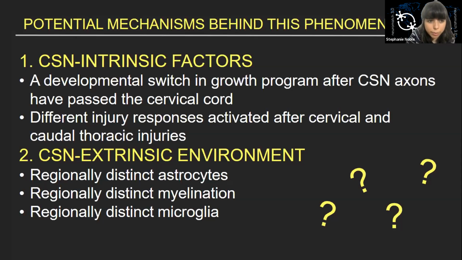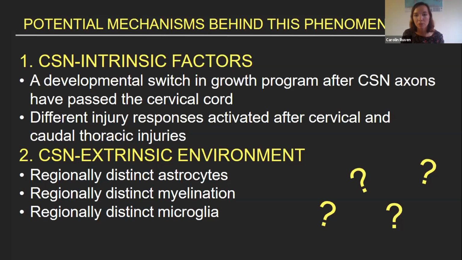We have a question from Gregory, who's saying, excuse some ignorance about this area. Don't worry, I feel similarly. But I am curious if there's any way to assess differences between ascending and descending tracts in their ability to cross the injury site. We have not looked at the ascending tracts, but there are stainings that could be done for the sensory tracts to see if they cross the lesion site or not.